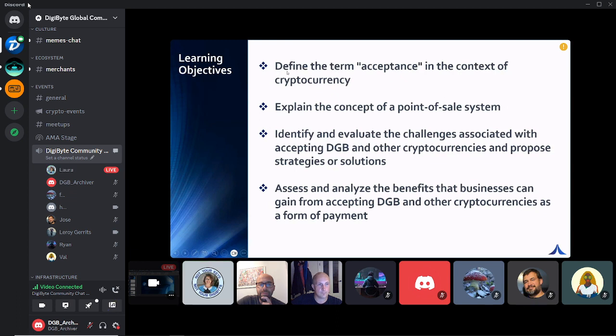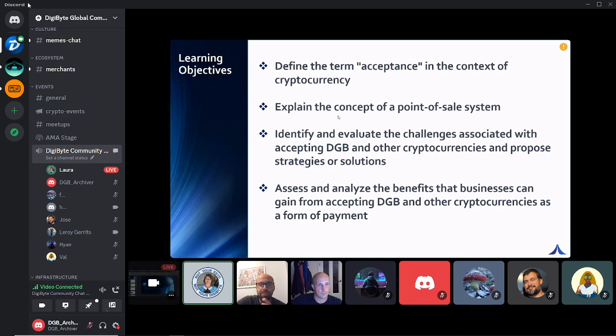An important part of that is to define the term acceptance. I think we say it, but we don't really understand what that means. Patrick has some really good background on this that he's going to share when we get to that. Then just explain the general idea of what a point of sale system is.